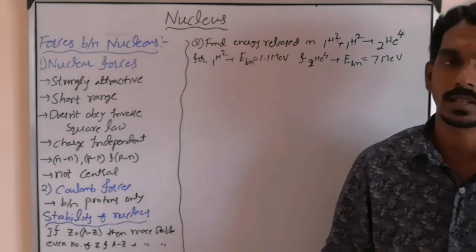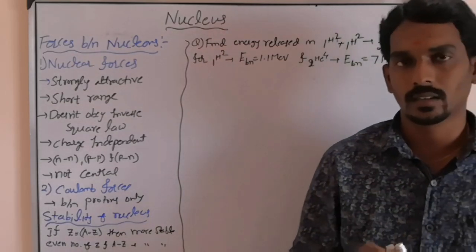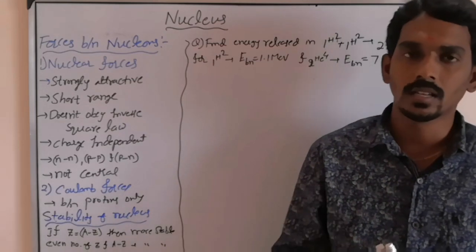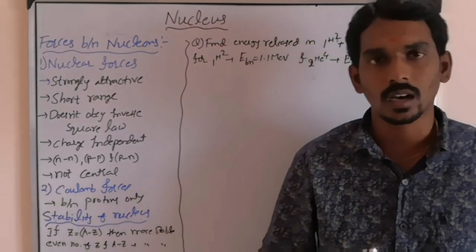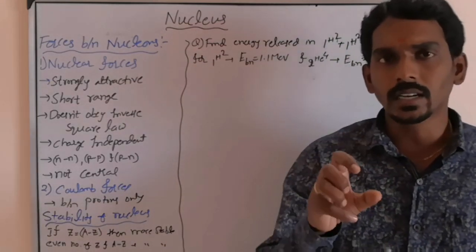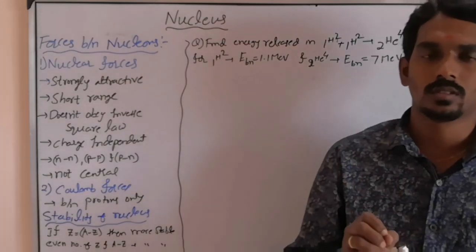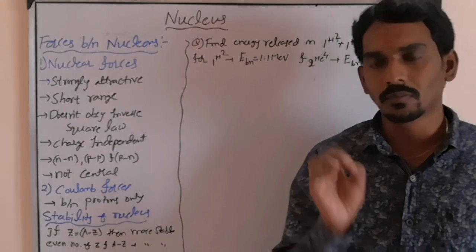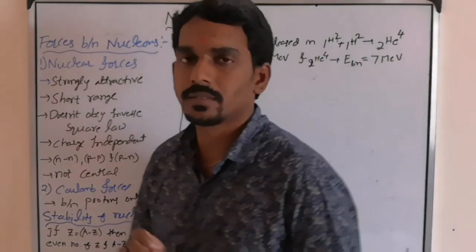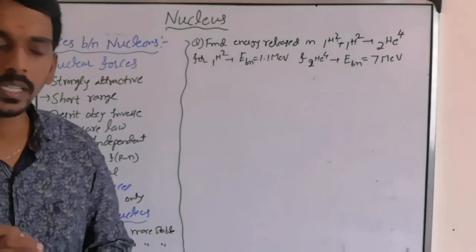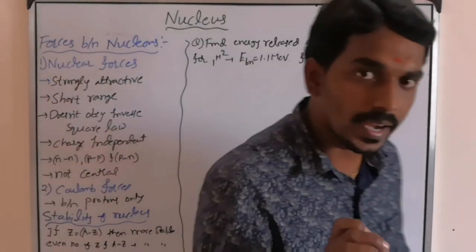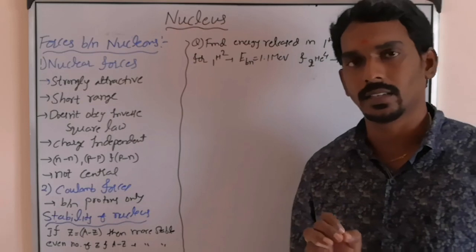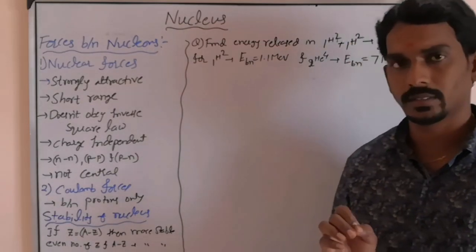That we got approximately, I told you to take 933 or 935, or sometimes they will mention it in the question. So accordingly you have to choose the values and then calculate. First find the mass defect, the difference between the calculated mass and the original mass, then you can find the binding energy.